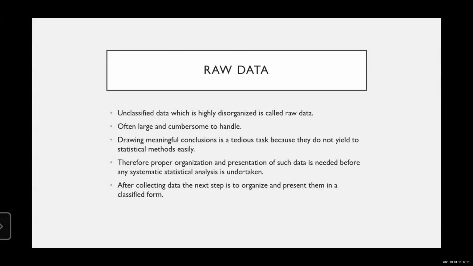Drawing meaningful conclusions is a tedious task because they don't yield to statistical methods easily. Therefore, proper organization and presentation of such data is needed before any systematic statistical analysis is undertaken. After collecting data, the next step is to organize and present them in a classified form.